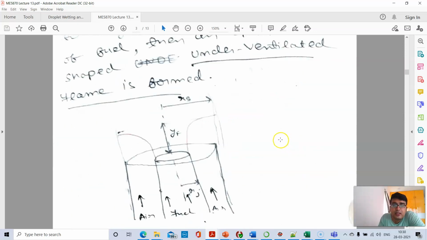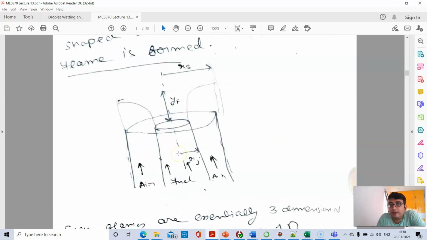Okay. The other kind of flame that you get under some circumstances is, suppose you are burning and the fuel flow rate is greater than, or the air flow rate is less than, what is required to fully oxidize your fuel flow. So the m dot f by m dot a ratio is on the rich side. So there is a greater amount of fuel that is coming out compared to the amount of air that is required to fully oxidize the fuel.